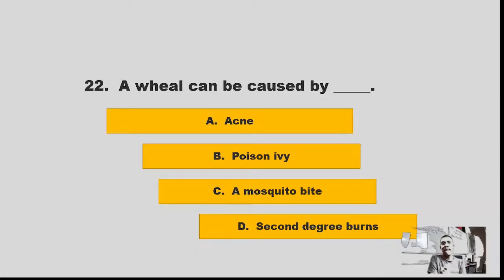If you're getting a spanking, pow, pow, pow, you can get a wheal from that. The correct answer here is a mosquito bite. Okay, so you got that. Yes, because mosquito bites create a little something on the skin, which is a wheal.